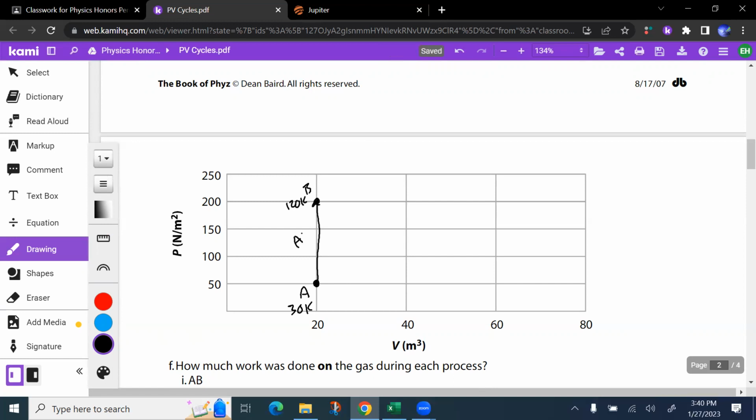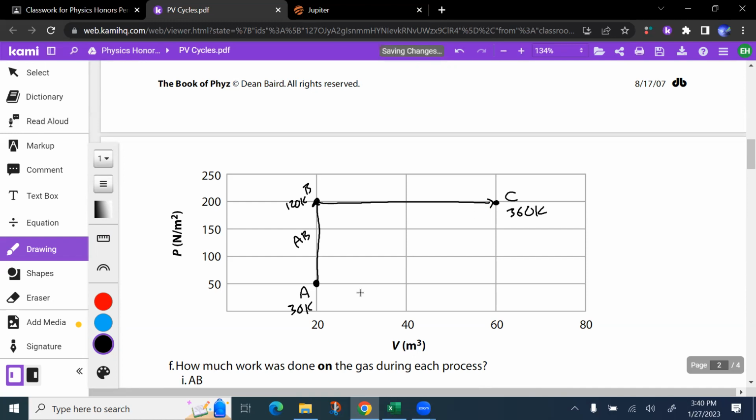Right, and the temperature went up to 120. This is the process from A to B. Then what happened is the pressure stayed constant, but the volume tripled from 20 to 60. So tripling 120, we're now at a temperature of 360 Kelvin.